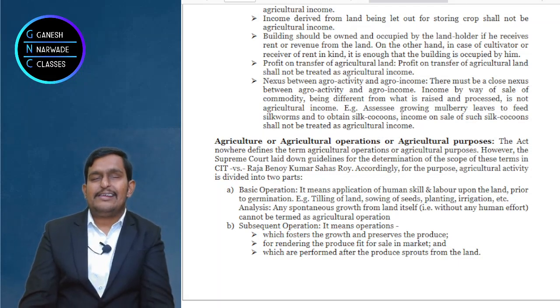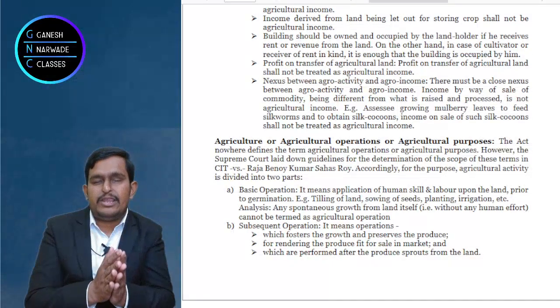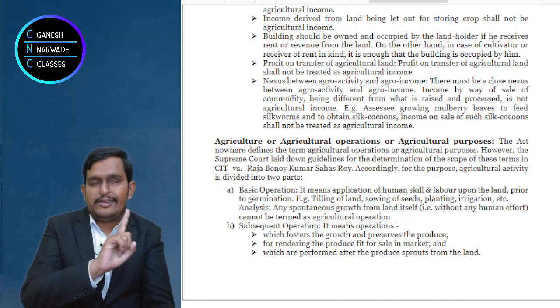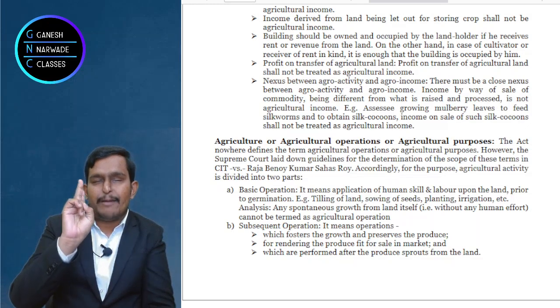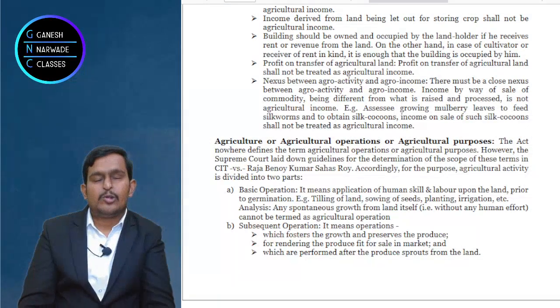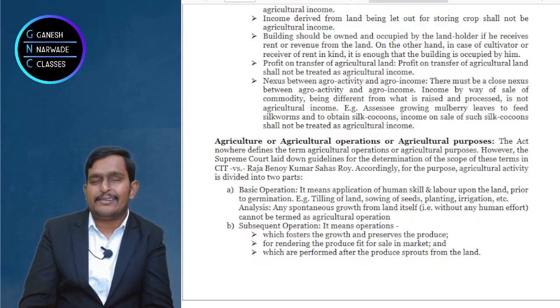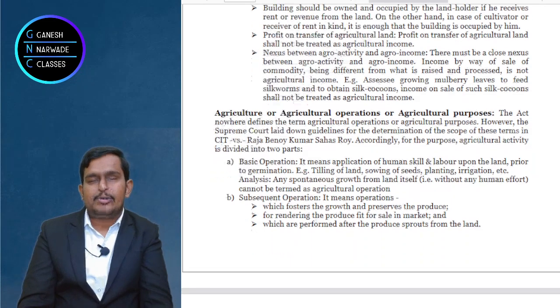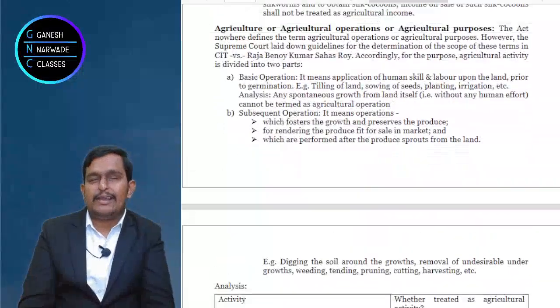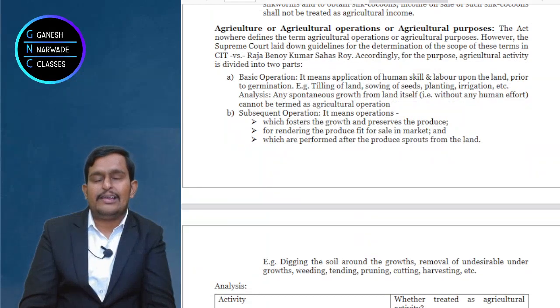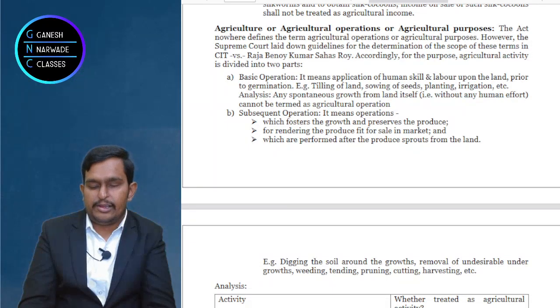In this case, they said that agricultural operations means there are two operations. One is basic operations, the second one is subsequent operations. Till the germination, meaning putting the seeds into the soil, all operations, whether it is ploughing the soil, tilling the land, planting, irrigation, or sowing seeds, all these are basic operations.